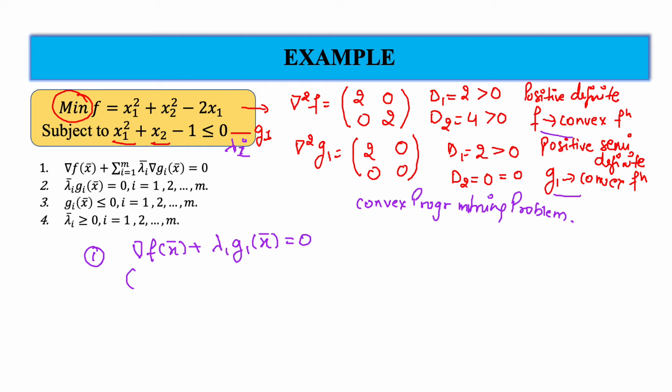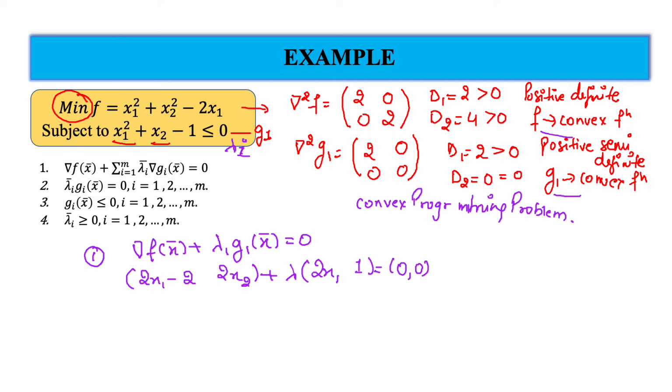Delta f by delta x1 gives 2x1 minus 2 and delta f by delta x2 gives 2x2, plus lambda 1 times 2x1 with respect to x1 and 1 with respect to x2, equals 0, 0.